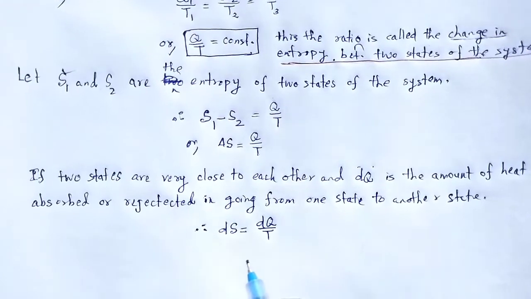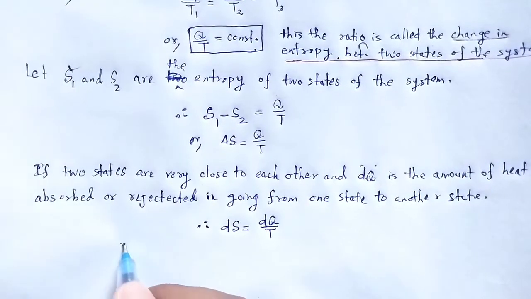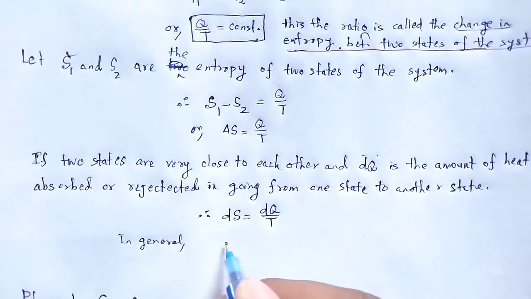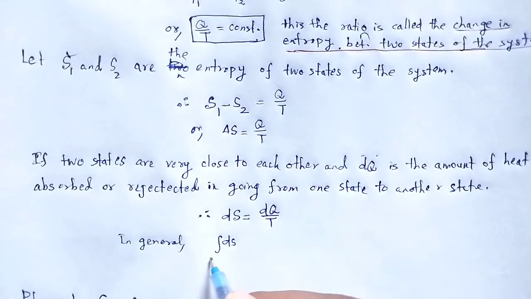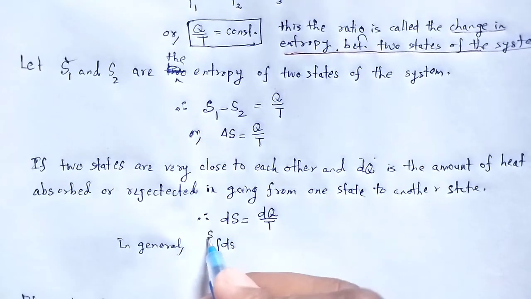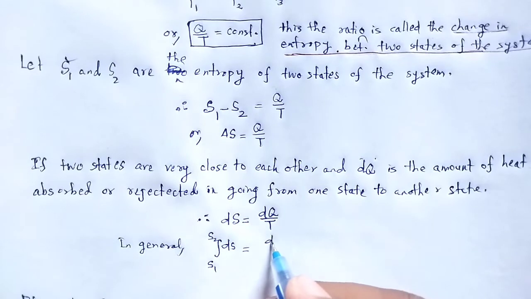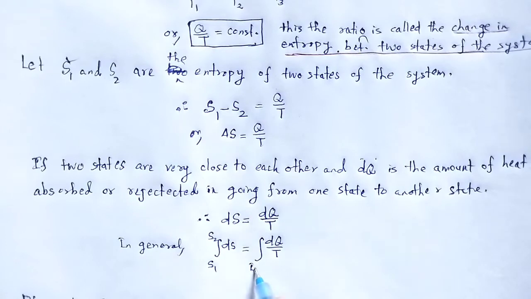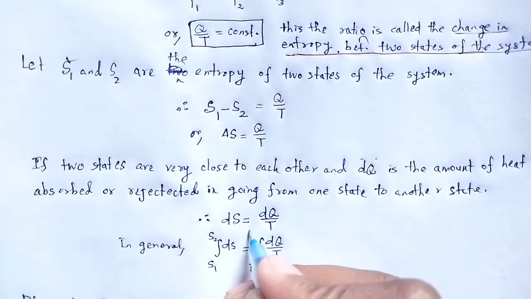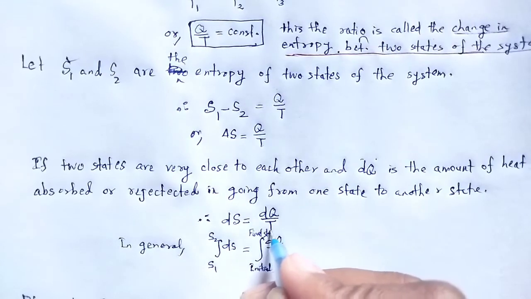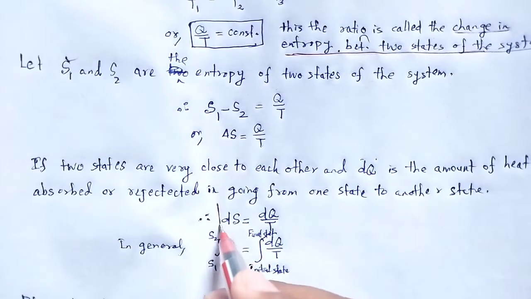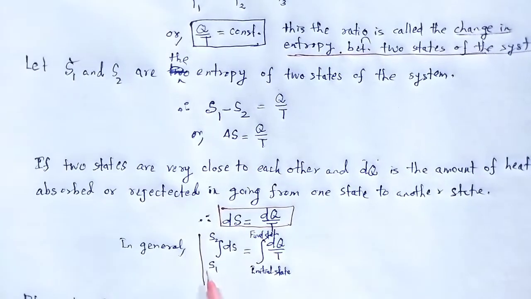In general, we integrate it: the integral of ds from state S1 to S2 equals the integral of dq by t from the initial state to the final state. That is the basics of entropy.